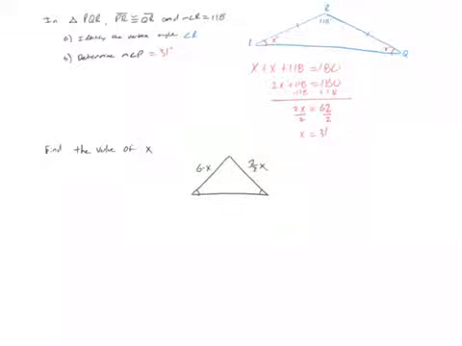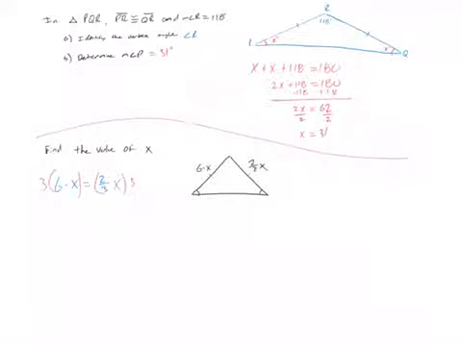Here's another one. It says find the value of x. I'm noticing that this angle is the same as this angle. That means this is an isosceles triangle and this side length is the same as that side length, which means that 6 minus x is equal to 2/3 x. I don't particularly like working with fractions, so I multiply this side by 3 and that side by 3.